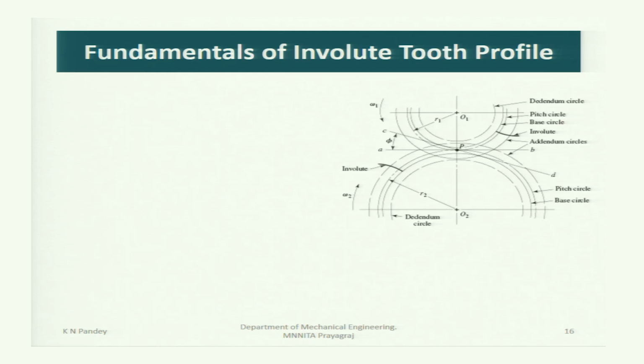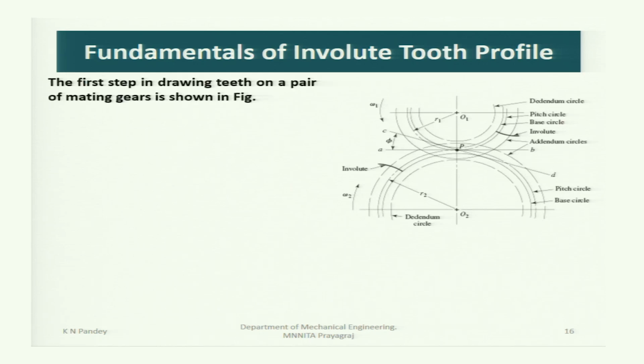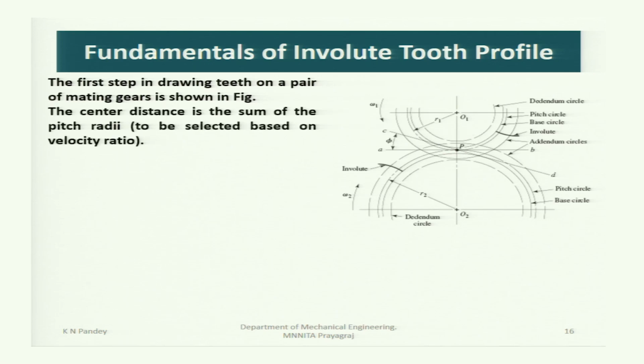Now, fundamentals of involute tooth profile. The first step in drawing teeth on a pair of mating gears is shown in the figure. The center distance O1 O2 is the sum of the pitch radii, to be selected based on the velocity ratio.